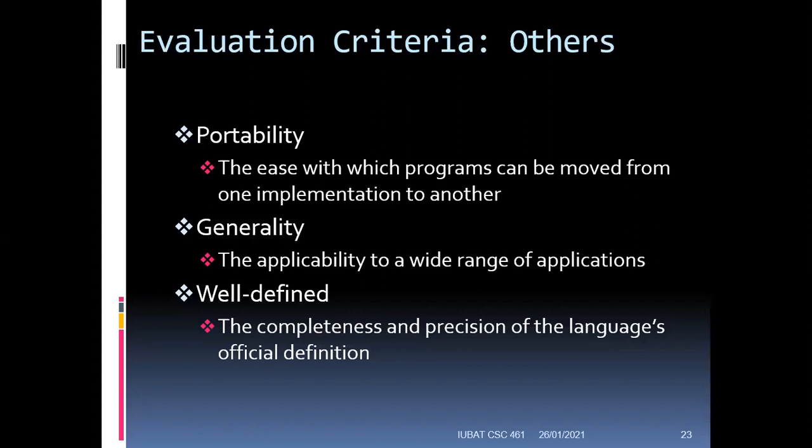And whether your language is well defined, that means all the structures and all the completeness are specifically defined, whether they are maintained properly, whether there is any bug in the programming language, and so on. So these are the criteria that we have for a programming language.